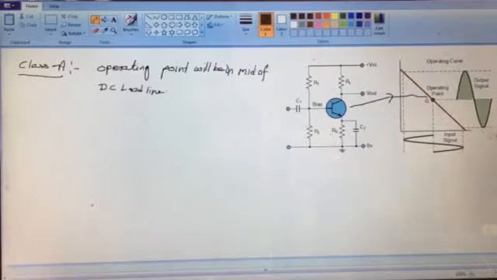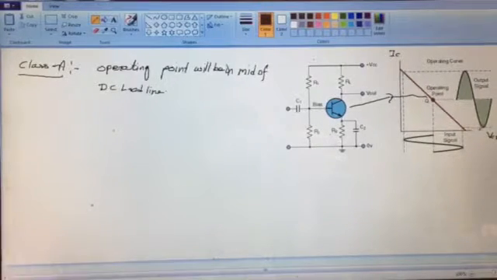Here the horizontal scale is representing collector emitter voltage, and the vertical scale is representing collector current. At zero input, collector current is high, and at the maximum input, collector current is zero. In this fluctuation, we have selected the midpoint of our DC load line as the operating point. Here we are varying the input signal in this range, and the variation in the output signal is in this range.